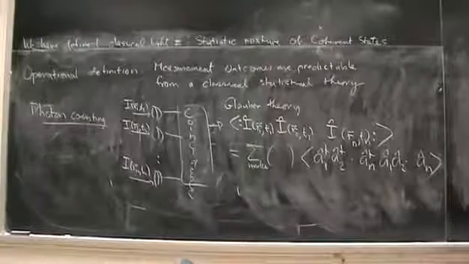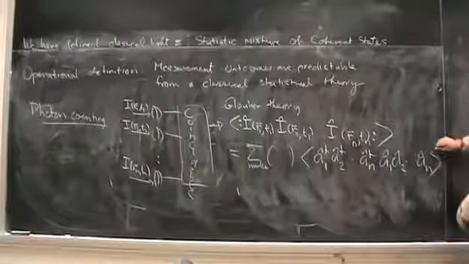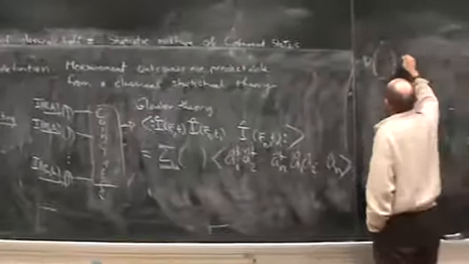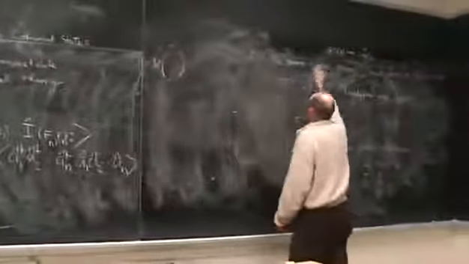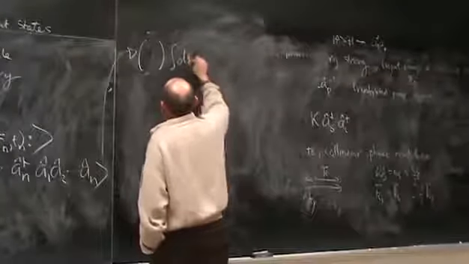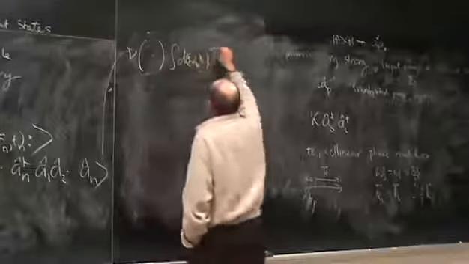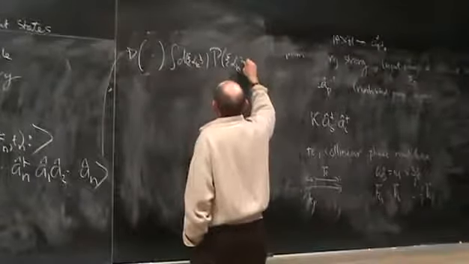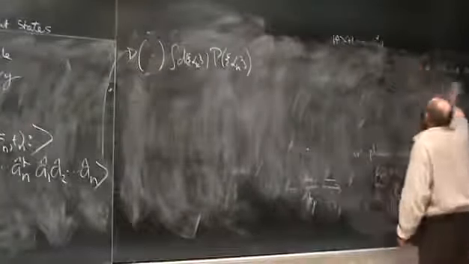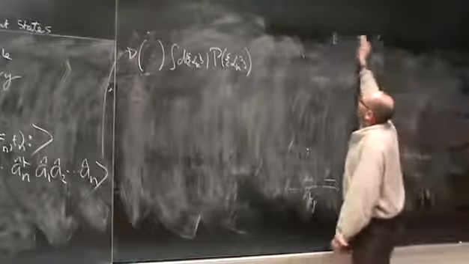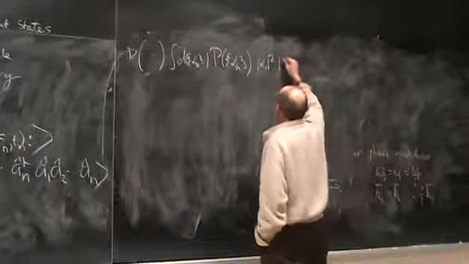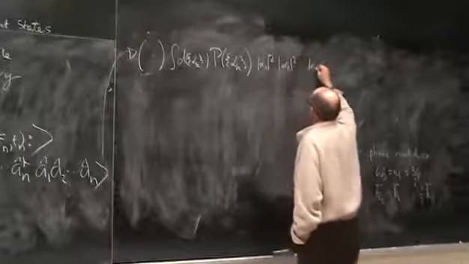That's to say this is equal to all the stuff out front, an integral over all the modes times a classical statistical function, a probability distribution, a positive function which can be normalized, times the intensity of mode 1, intensity of mode 2, dot dot dot, n.